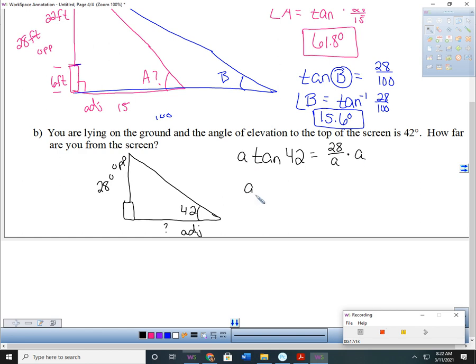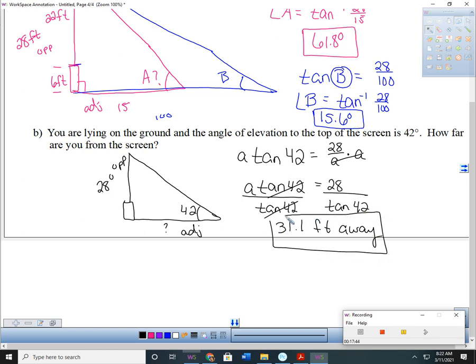So I have A tan 42 is equal to 28. And then divide by the tan 42. So if you plug that in, we're about 31.1 feet away from the screen.